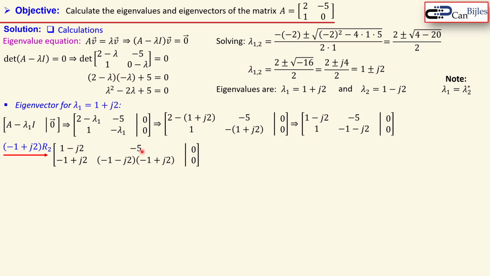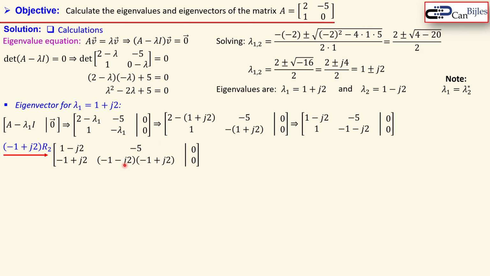So we need to work out the parentheses here. Minus 1 times minus 1 will be plus 1, minus 1 times j2 will be minus j2, and then we have minus j2 times plus 1, which will be plus j2, and those two imaginary values cancel each other out. Then we have minus j2 times plus j2.